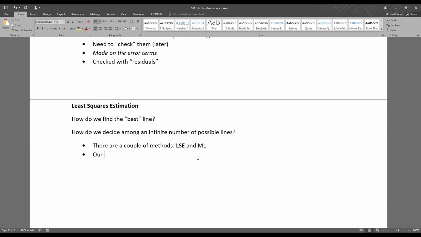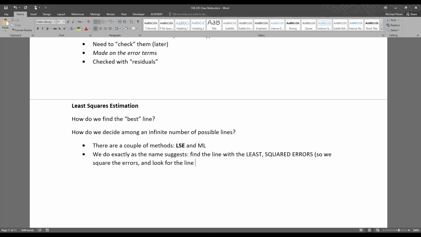In least squared error, we do exactly as the name suggests. Find the line with the least squared errors. So we square the errors and look for the line with the smallest ones. That's it.